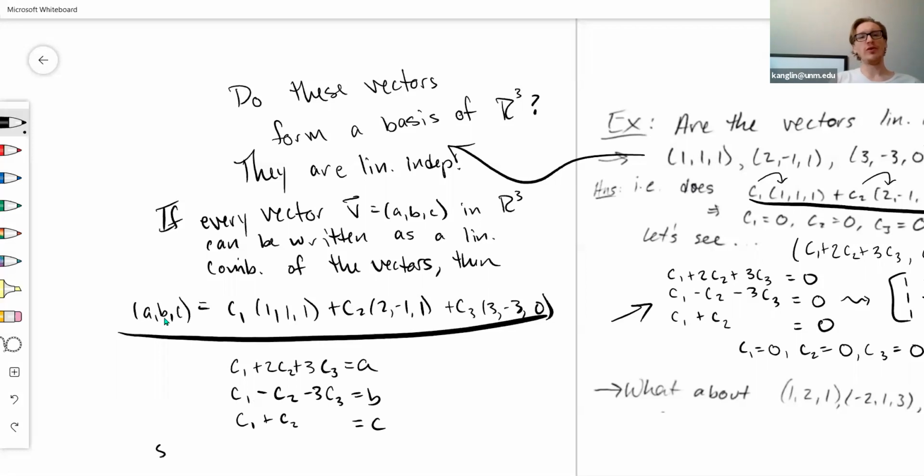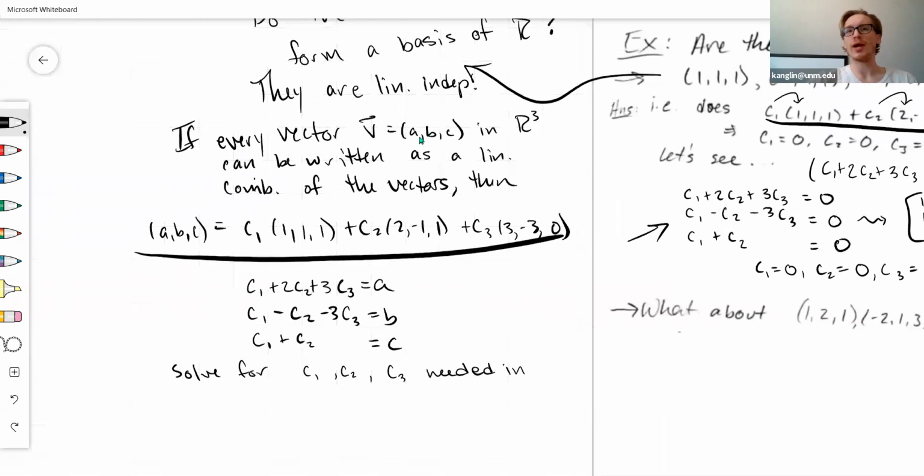Right, so if you can solve for the C1, C2, and C3 needed in terms of the a, b, c vector you've started with, then you've shown that no matter what (a, b, c) vector you started with, you can write it as a linear combination of these three.